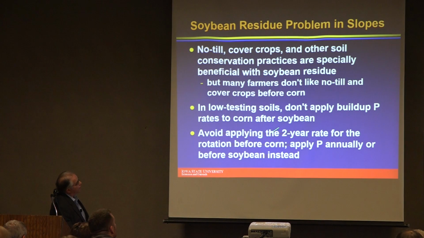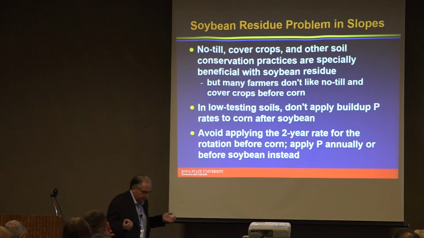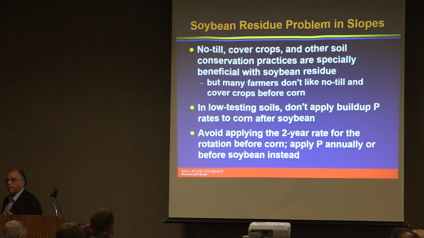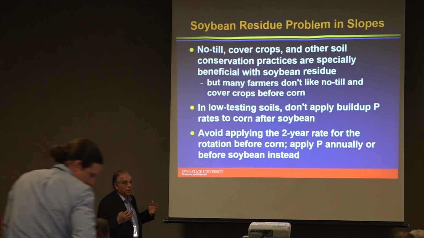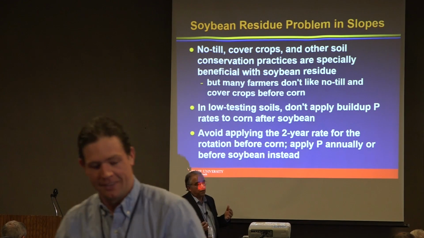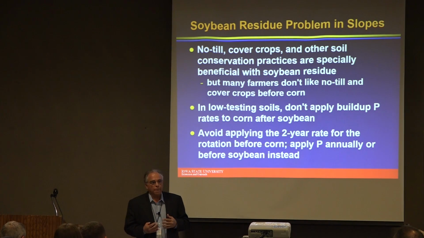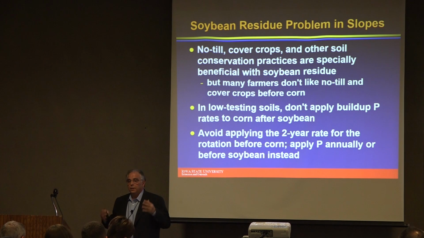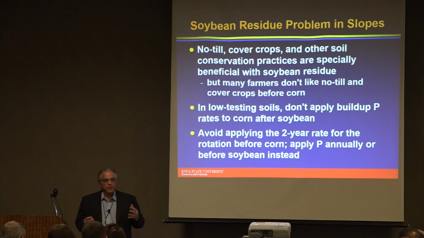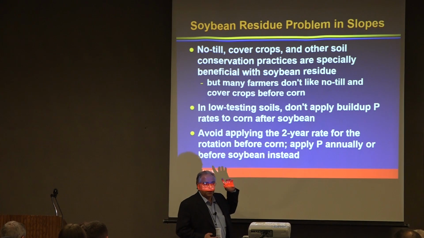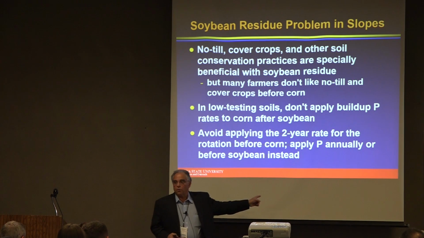And this is something that some of my friends from the Soybean Association don't like when I say this, but we need to address the issue of applying the right rate. And remember, about 3/4 of Iowa farmers apply phosphorus or manure on soybean residue going to corn. We need to look at that. The management practices, the conservation practices, the cover crops, all that is more important than soybean residue.